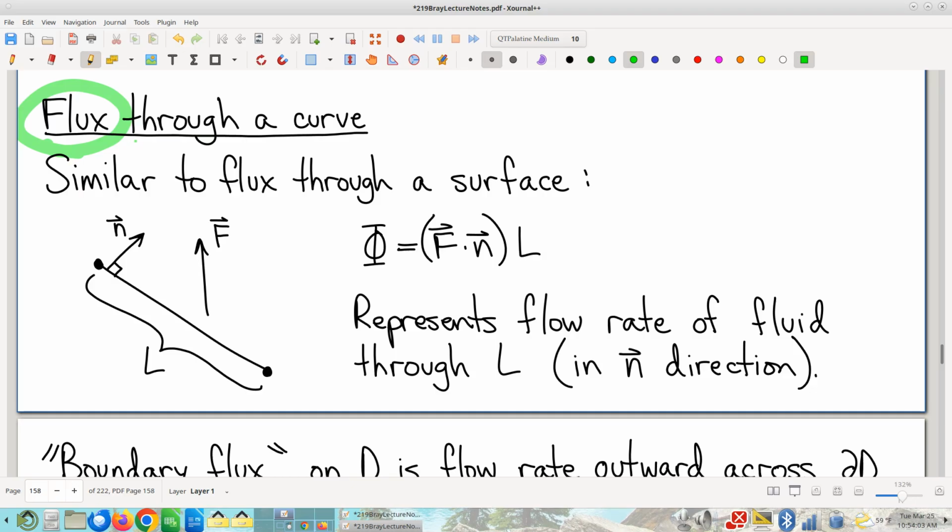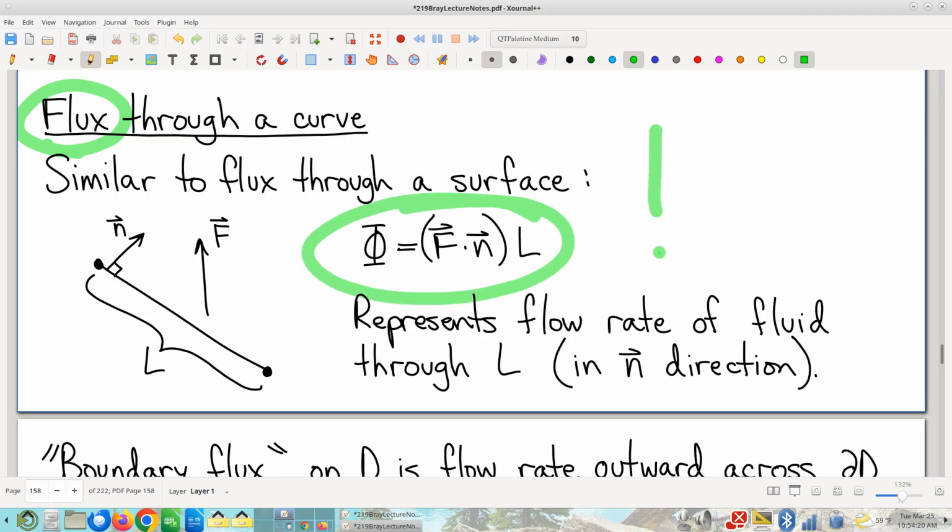Right? So quantity per unit time of fluid flow given the velocity or density times velocity, however you set it up. And again, it's different in every circumstance. So that's the idea of flux again, and it's computed by a very similar formula.